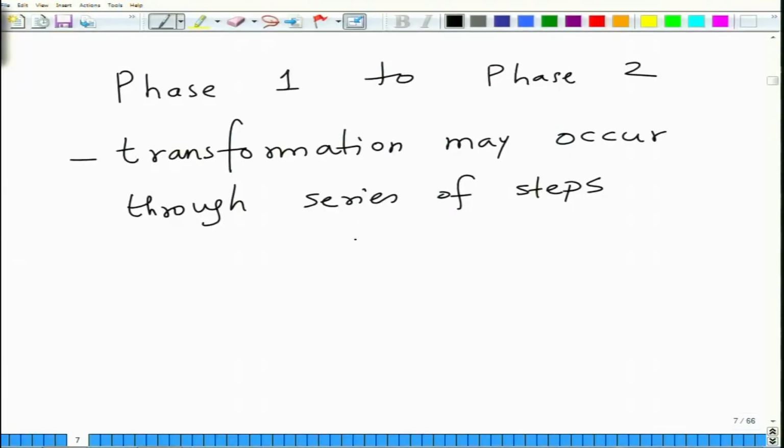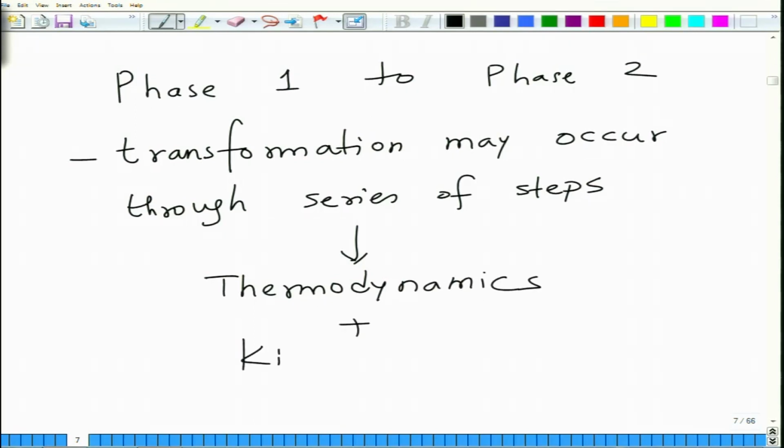So, although thermodynamics tells you that phase 2 will be more stable if its free energy is lower at higher temperatures as compared to phase 1, the route to achieve phase 1 to phase 2 is not determined only by thermodynamics, but also by kinetics. So, phase transformation is basically determined by both thermodynamics and kinetics.